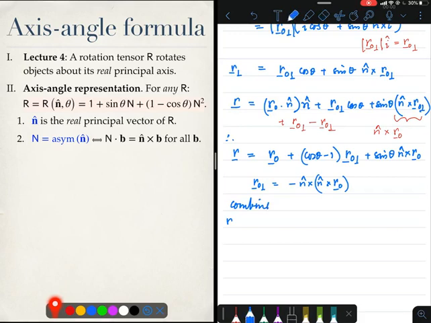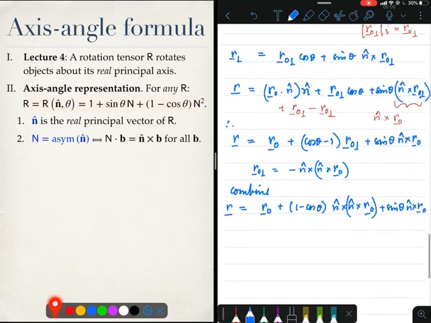That's an r vector. We get r is equal to r0 plus 1 minus cosine theta into n cross n cross r0 plus sine theta n cross r0. Alright, great. Now that is a vector formula. Okay, it looks like this, right?